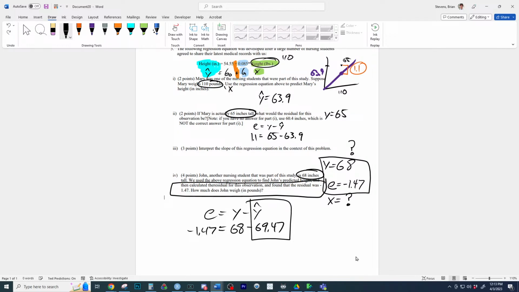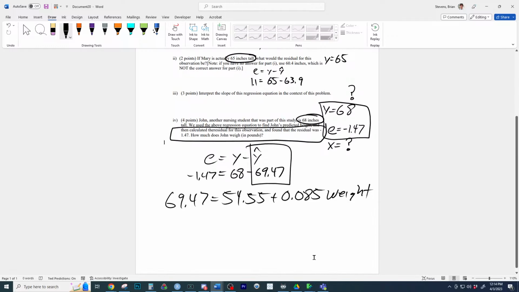So Y hat is equal to 69.47 equals... Solve for x.